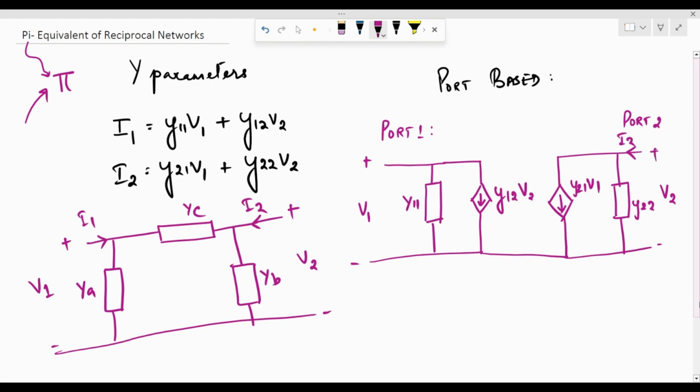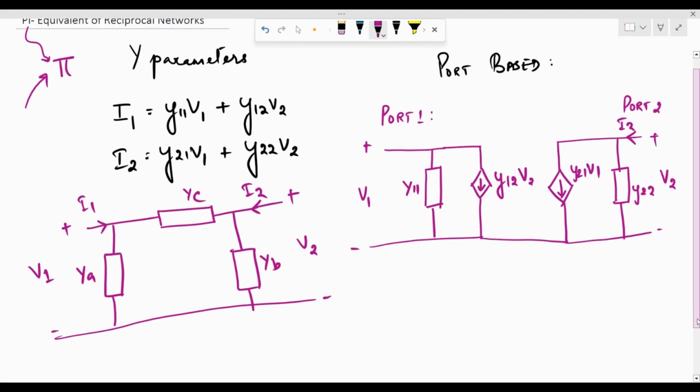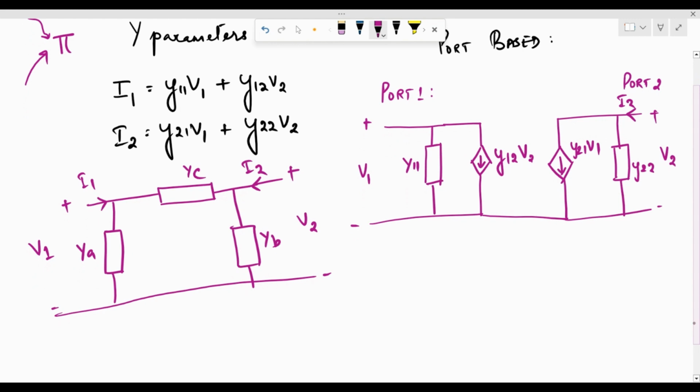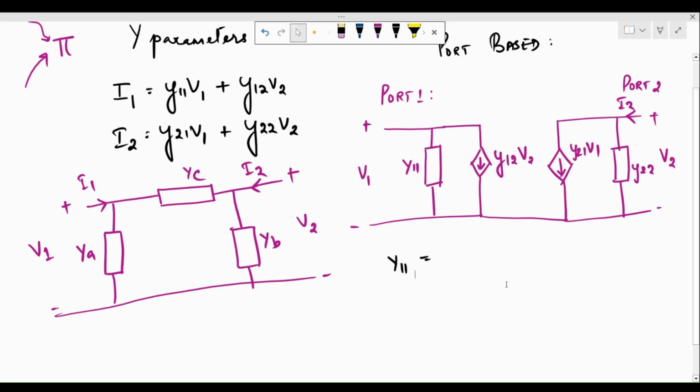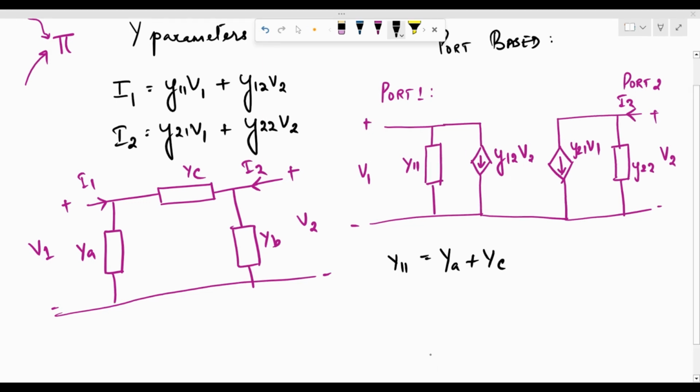So in my previous video where I discussed Y parameters, I took up this example where I showed you that we can obtain the expression for Y11 as YA plus YC. Y22 was obtained as YB plus YC.